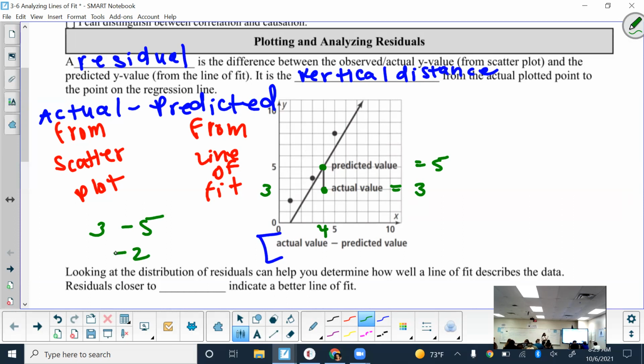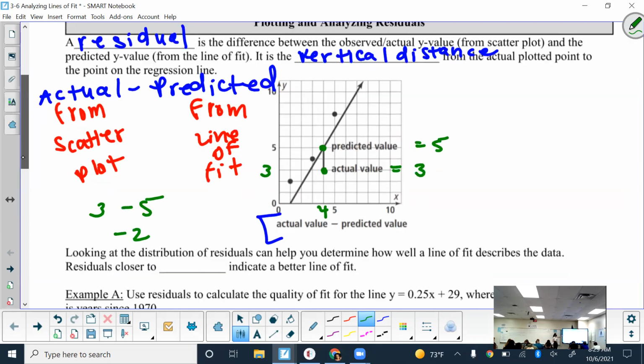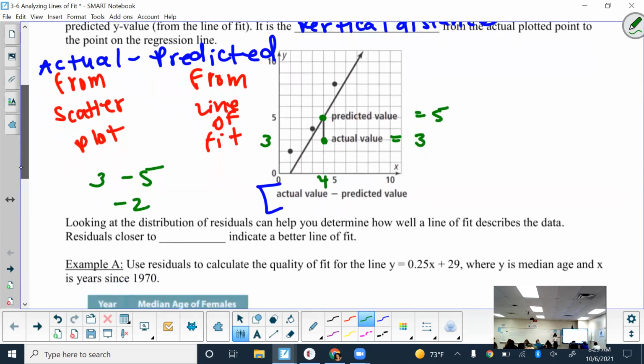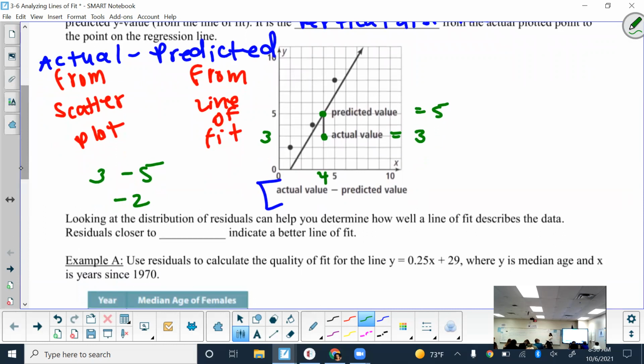All right, that's how you would calculate residuals. I'm measuring from the actual to the predicted. And looking at the distribution, or even just the numbers, can tell you how well the line fits the data.